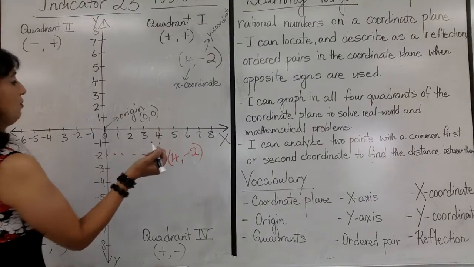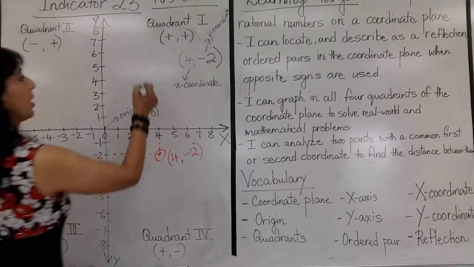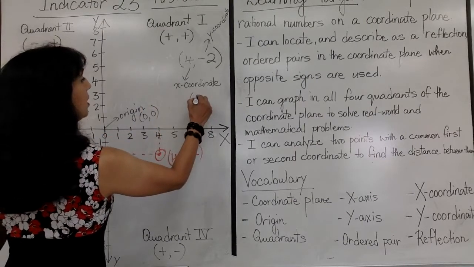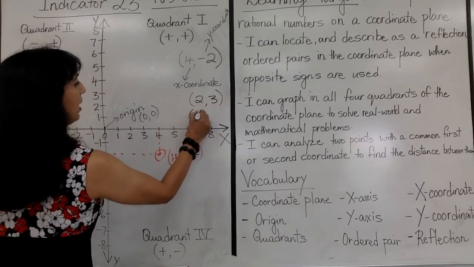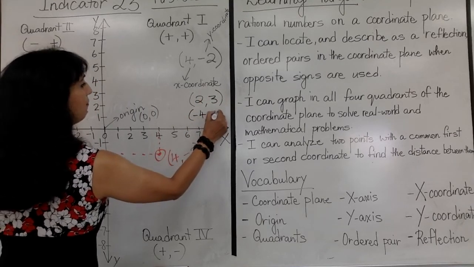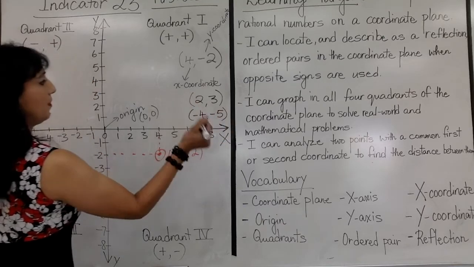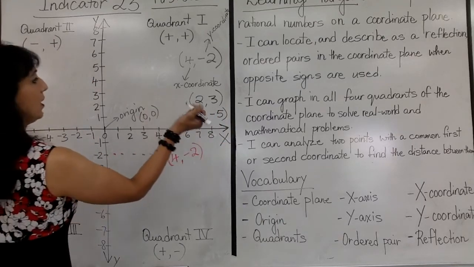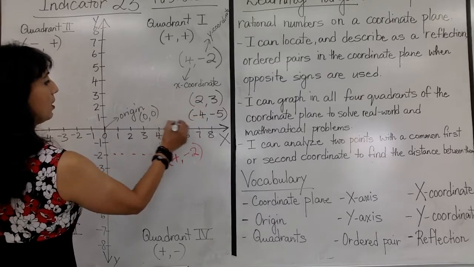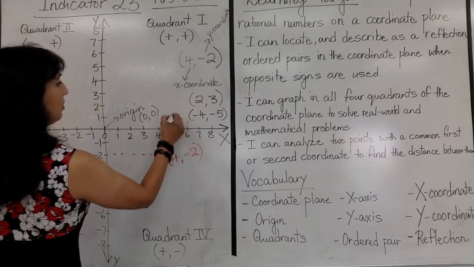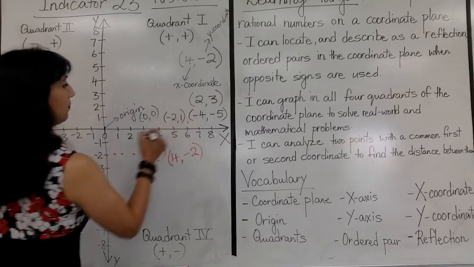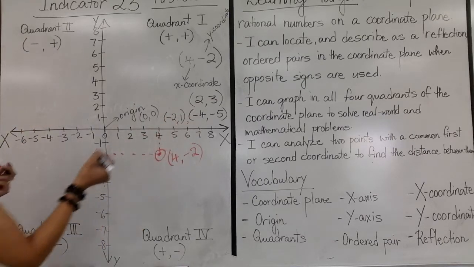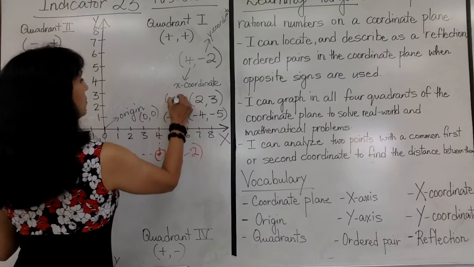If I give you certain points to graph, let's say 2, 3, then -4, -5, then -2, 1, and I can also give you 0, 0.